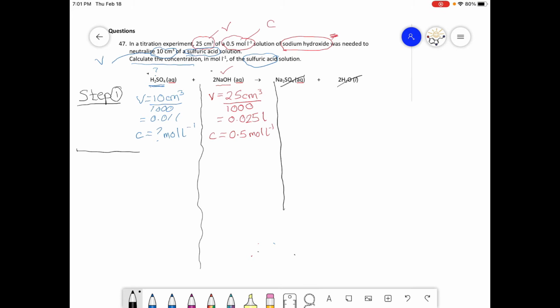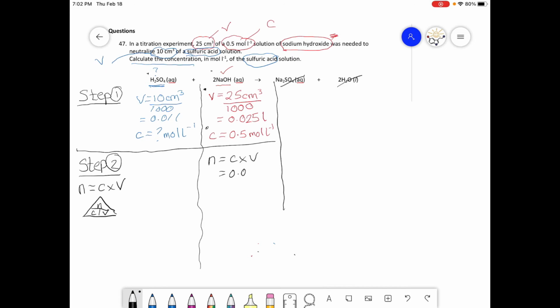Right, step 2. Step 2 is usually, well it is in this case, finding out the number of moles of whatever we can. Often in a chemical calculation, you want to find out the number of moles. Often, but not always. And to do that, we use n equals c times v. Remember that triangle we did a while ago? n, c, v. So number of moles equals concentration times volume. It is the sodium hydroxide that we're told v and c for, so we can now go n equals c times v.